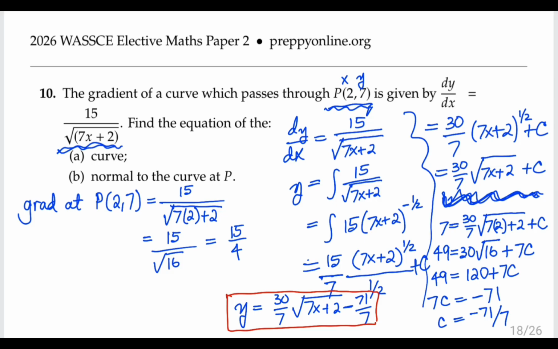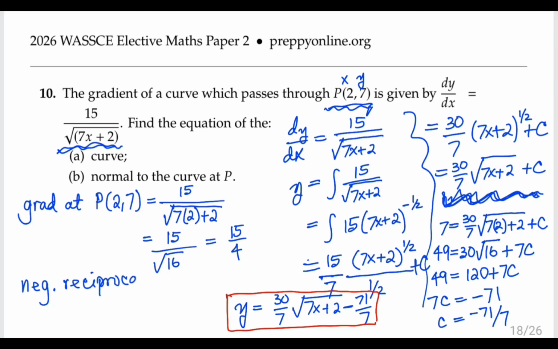So what is going to be the gradient of the normal at P? The normal, like we said, is perpendicular to the tangent. And when a line is perpendicular to another line, the relationship between their gradients is that one is the negative reciprocal of the other. So the negative reciprocal.